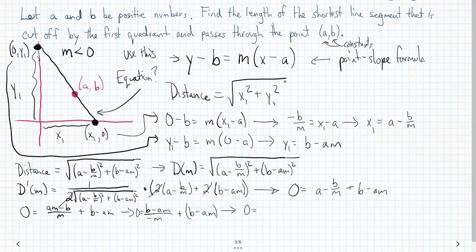And so, I'm sorry, I made a slight error here. Oops, I made a big error there. In taking my derivative, I got a little sloppy. And let's fix that real quick. I can use the same type of idea, but notice when I had that 2 times a minus b over m, I forgot to multiply by the derivative of this m in the denominator.